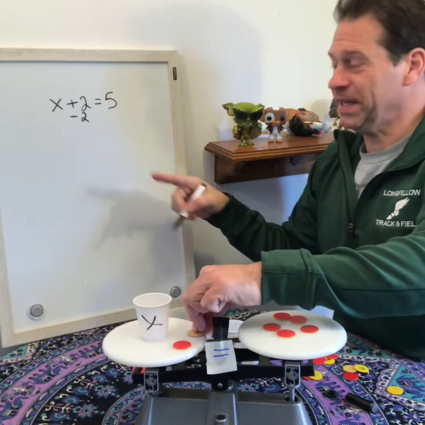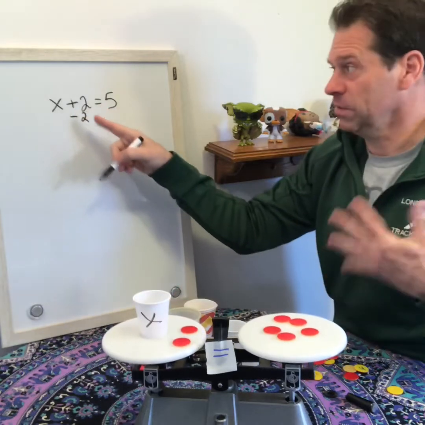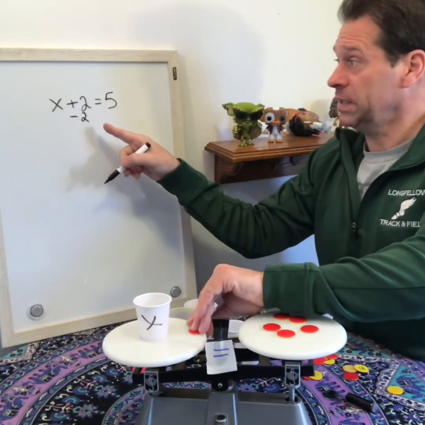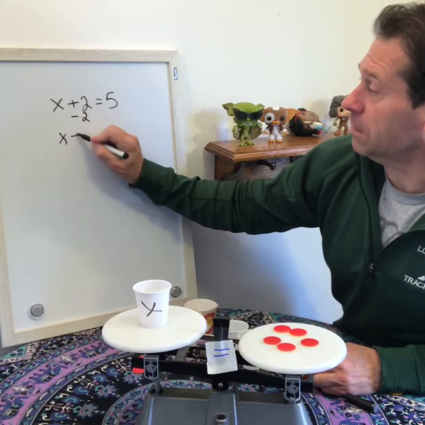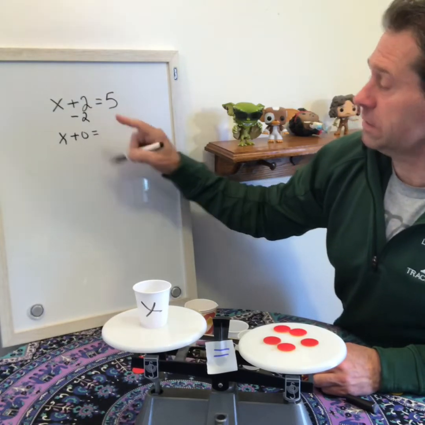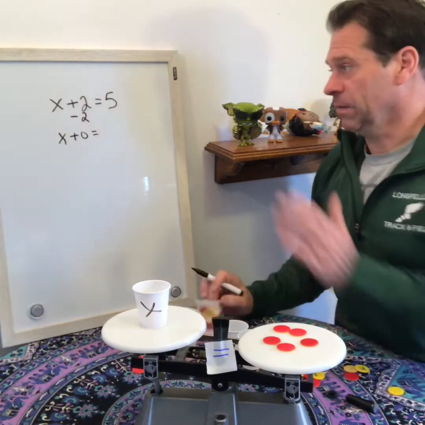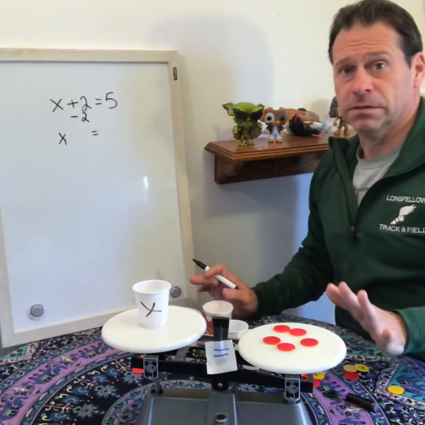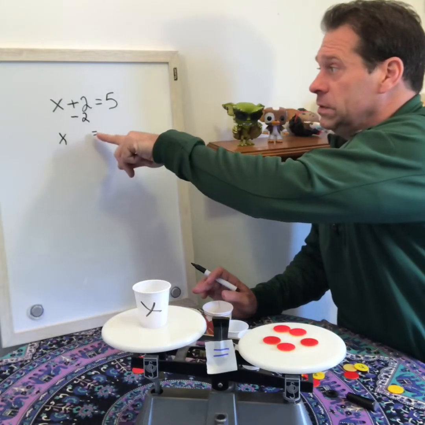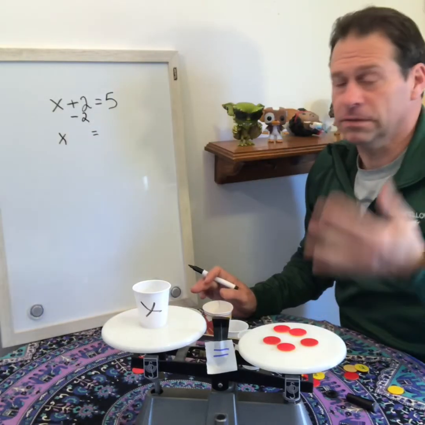So I'm just kind of doing the opposite. It's plus, so I'm going to subtract 2 of them. So I take these away, and then that becomes x plus 0. I don't need to write the 0. That's just the identity property. I can leave the x by itself. So x equals, but it doesn't equal 5. I'm not right.